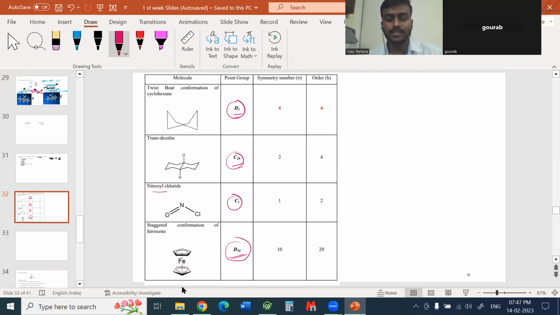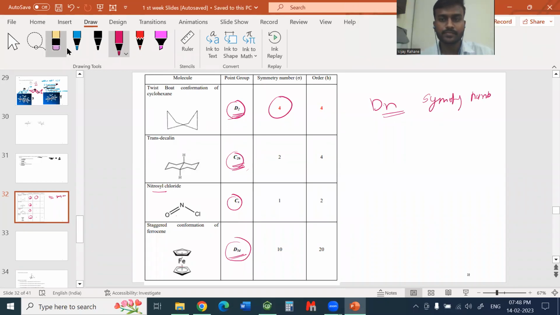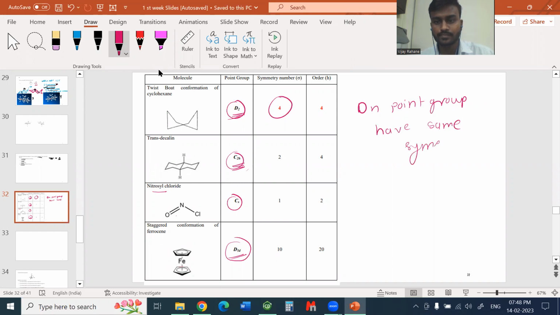It's just a trick: when a molecule belongs to Cn or Dn, for example D2, then the symmetry number equals the order.